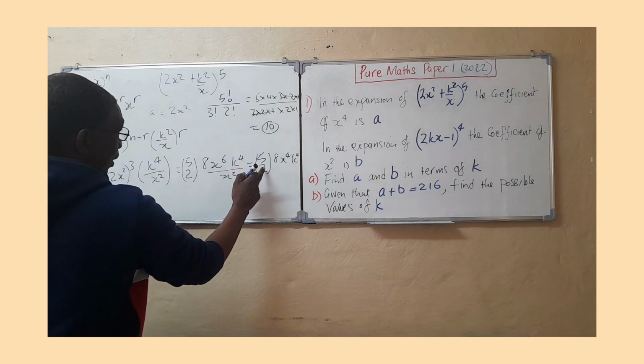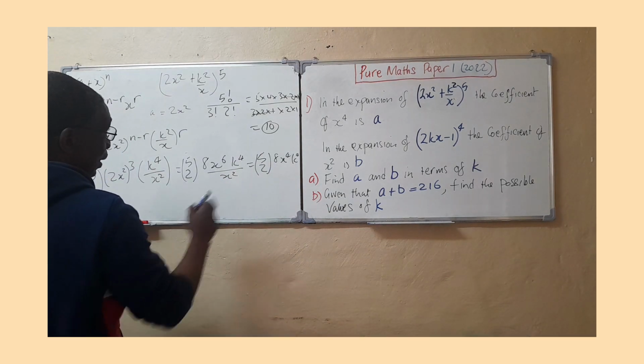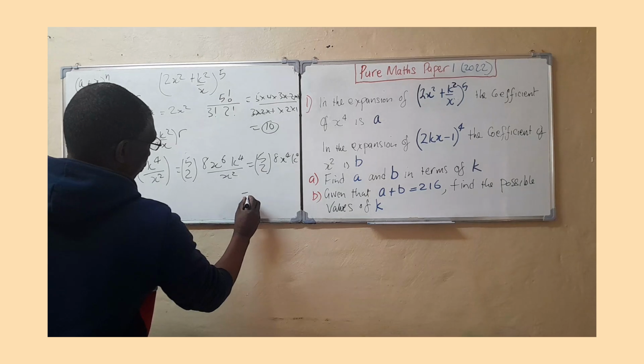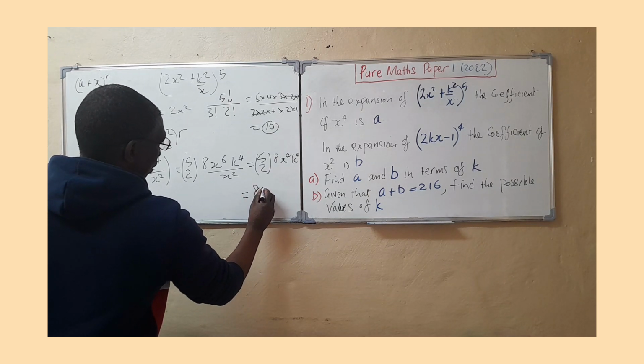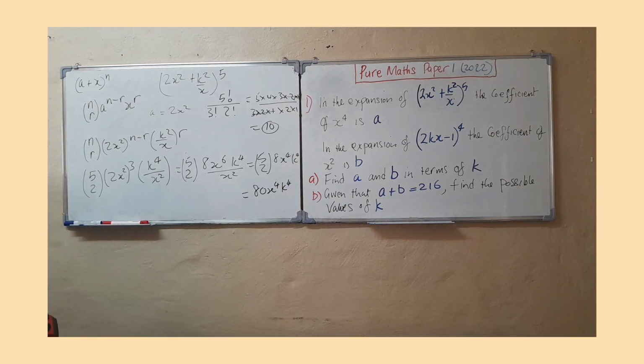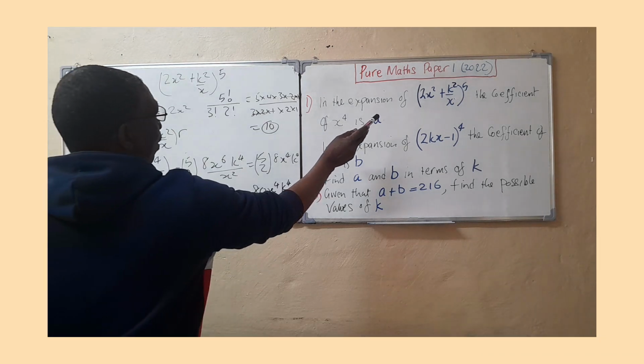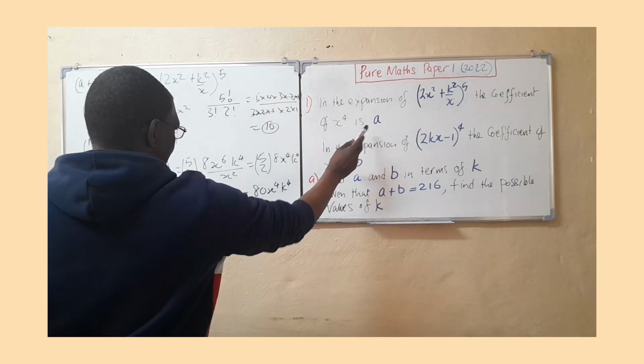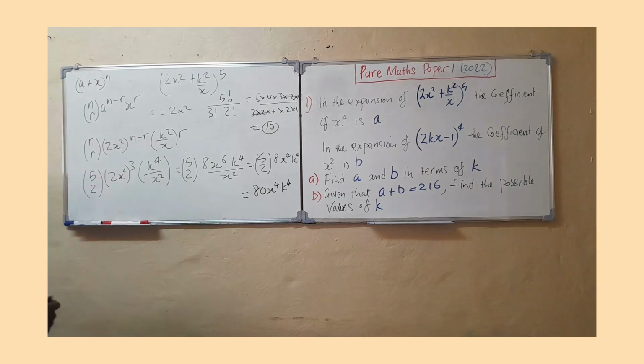This now is 10. So multiplying by the 8 there, we end up with 80x to the power 4, k to the power 2. But what are we told? We are told that the coefficient is a. So this is equal to a.